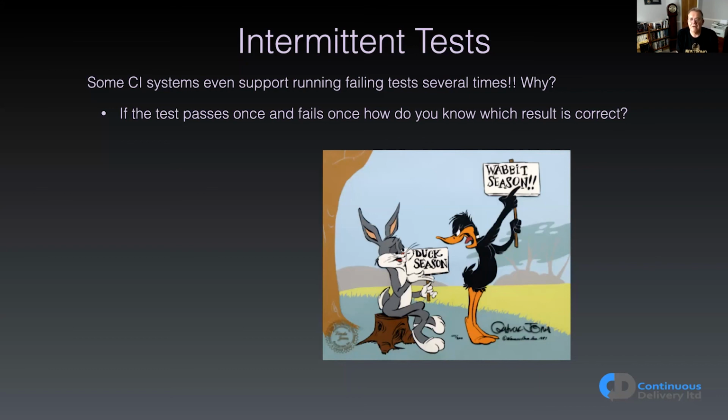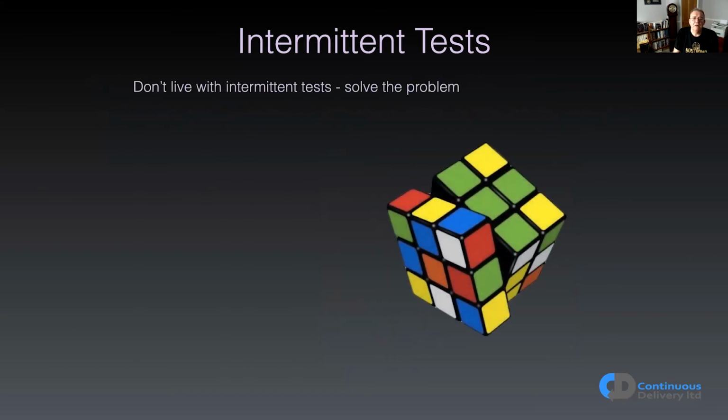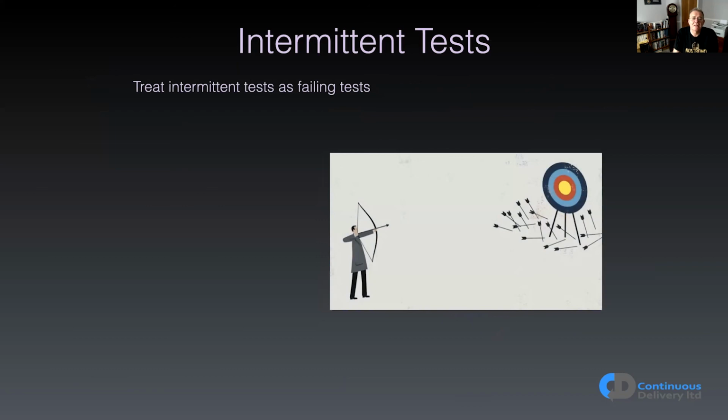If a test fails, it's telling us something. It might be a badly written test, so go and rewrite the test and make it better. But don't automatically assume that if you ran it again and it passed, everything's good, because it's probably not. Don't live with intermittent tests. Solve the problem. Figure out why they're intermittent. It's useful sometimes to track the intermittency.